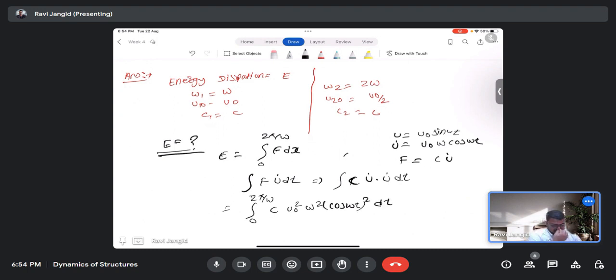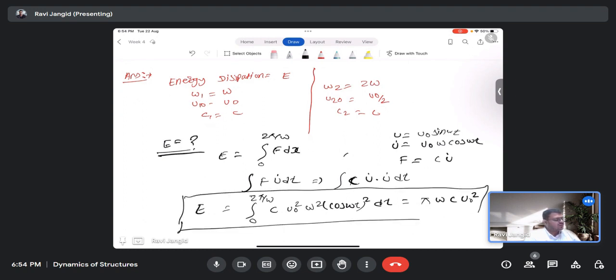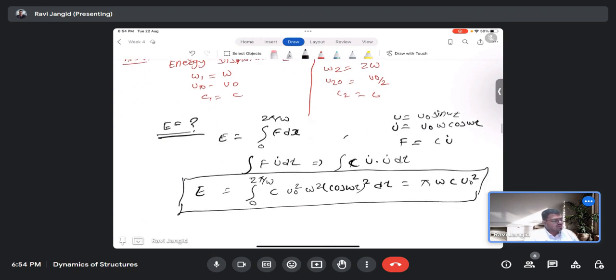Okay, and if you solve this, as the one student told us, the energy will be pi omega c into u naught square. So for E1 it is the same, pi omega c u naught square.